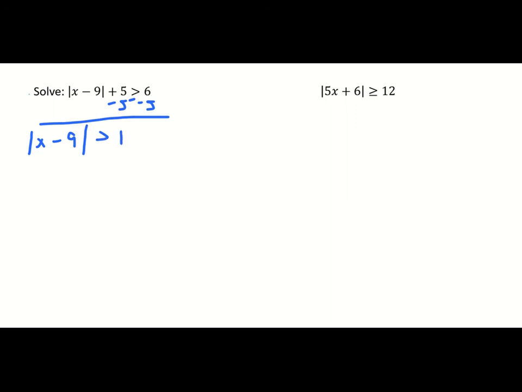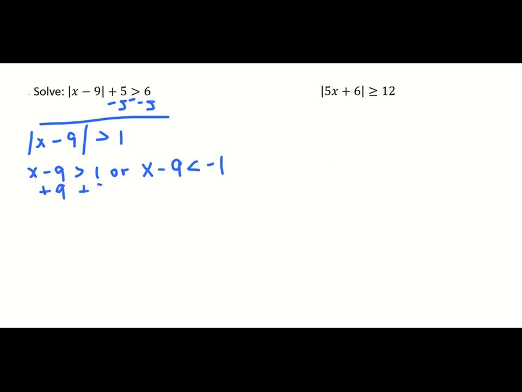And now, when I go to write my problem, we're going to say x minus 9 is greater than 1, or x minus 9, and because we're switching to the negative, we're going to do is less than negative 1. So when you write the negative answer, flip that sign around. And then we'll just solve them like two regular inequalities.